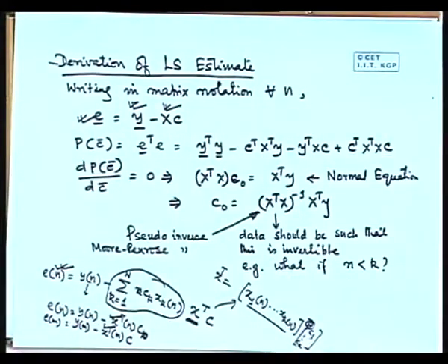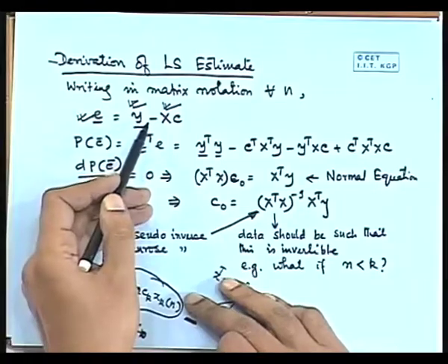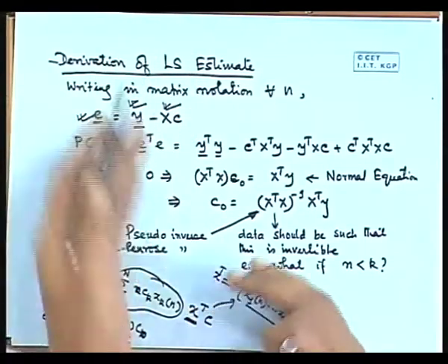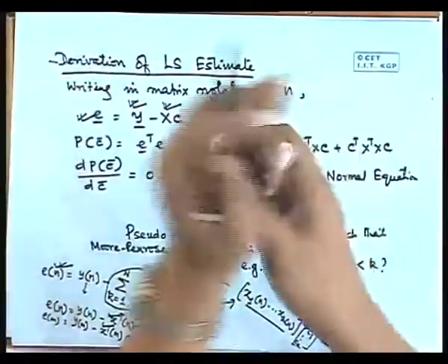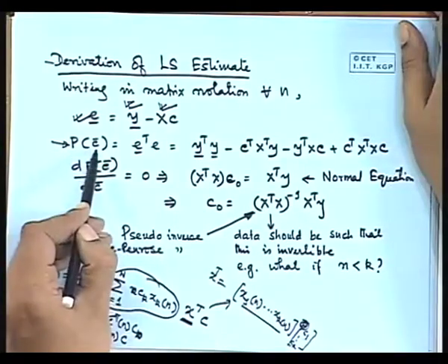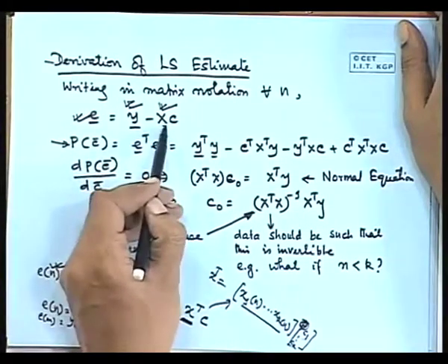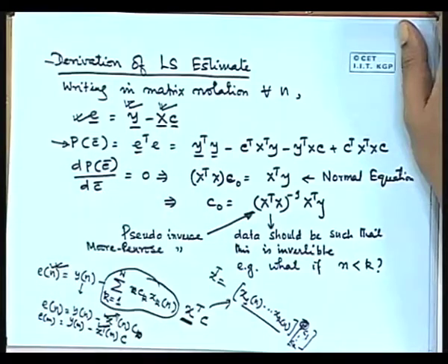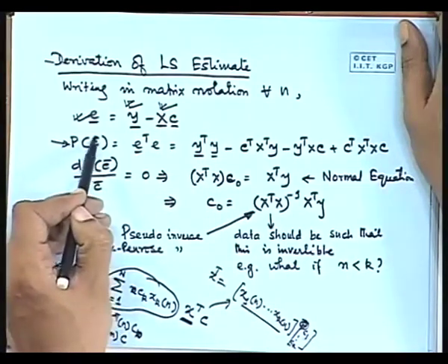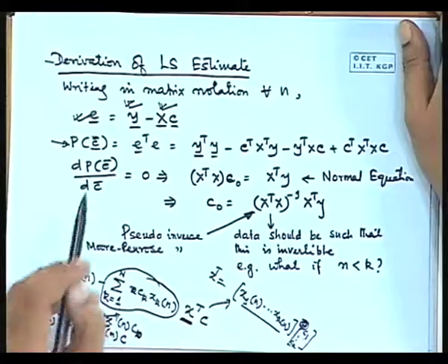So I have written this vector matrix equation directly. This looks absolutely like that previous thing. There also we wrote the same equation because we were using the same error equation. Incidentally, now this X is a matrix, C is a vector. This should not be over bar, it should be under bar.